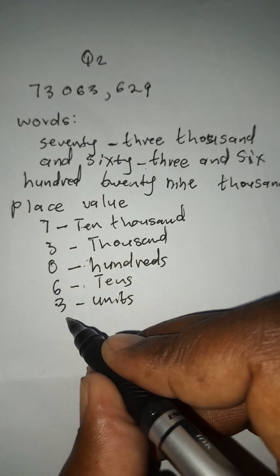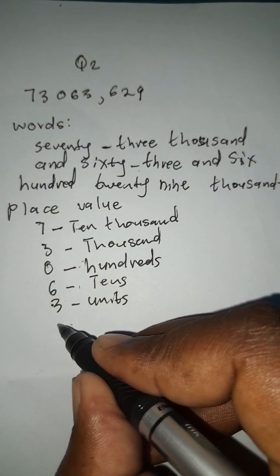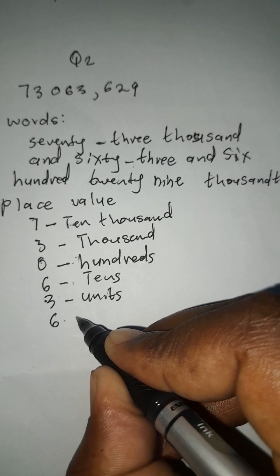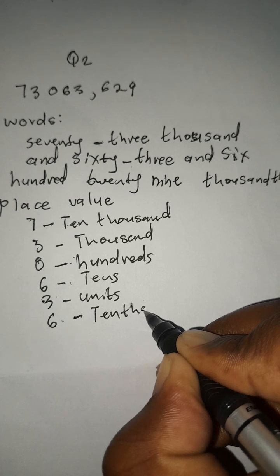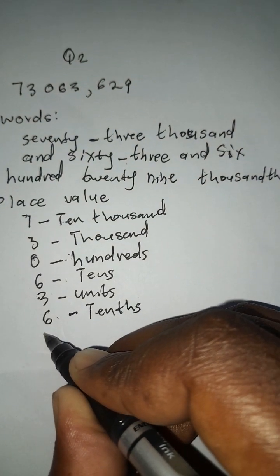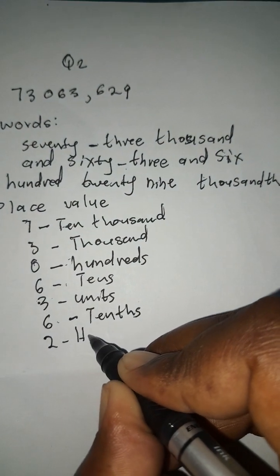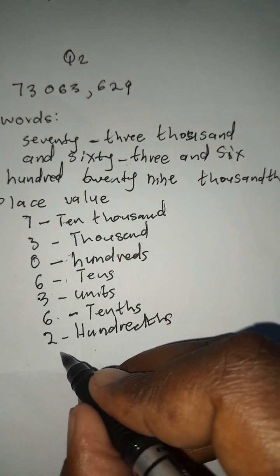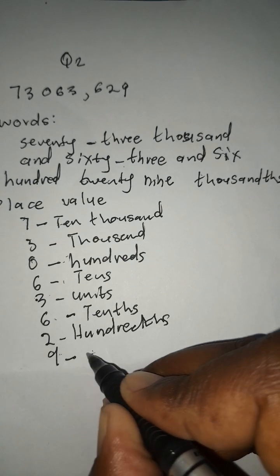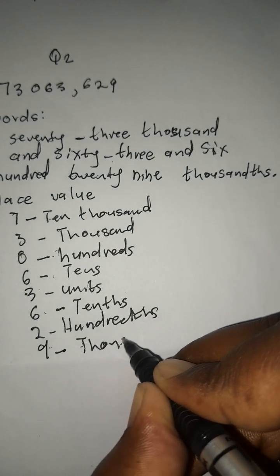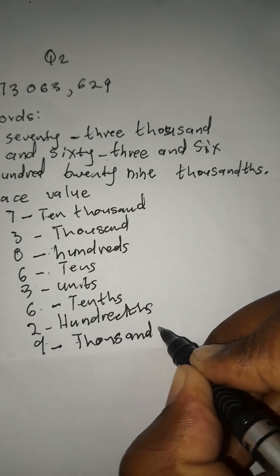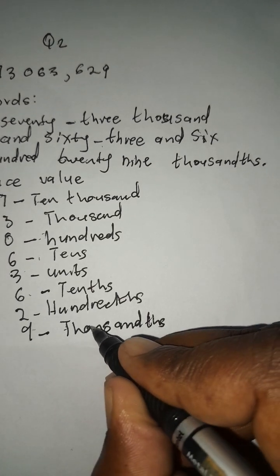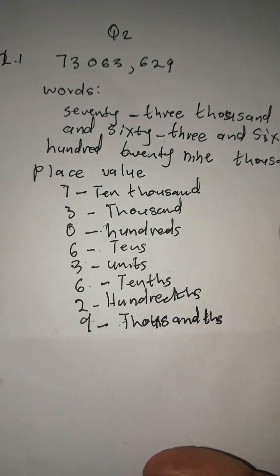Then we have the 629. This 6 will be in tenths, then 2 in hundredths, then 9 in thousandths. Sorry for my spelling.